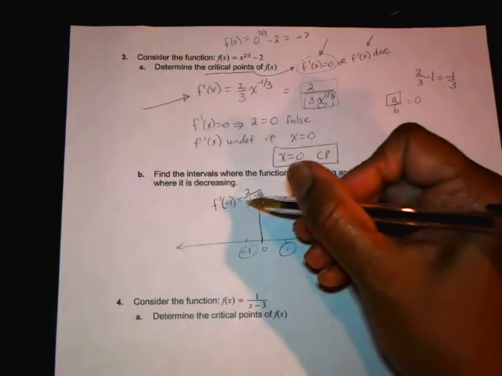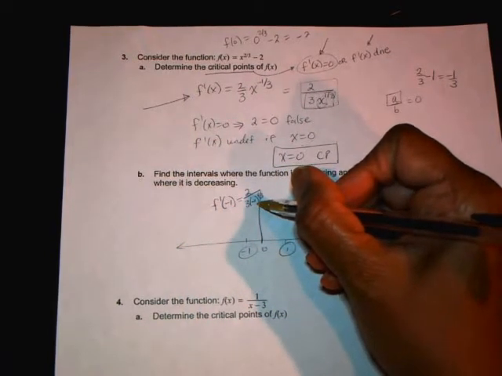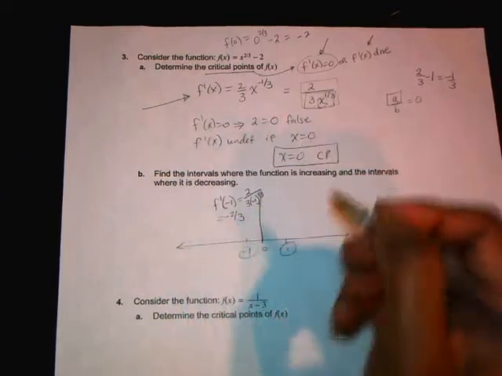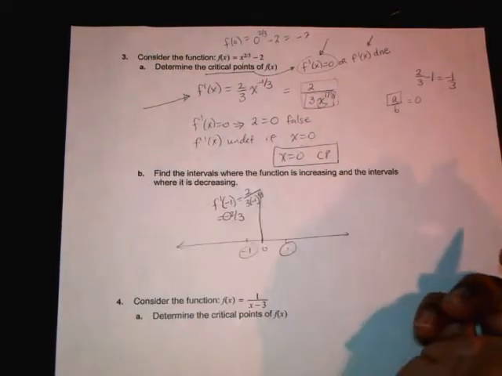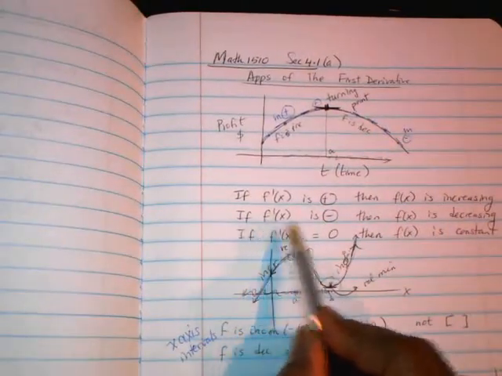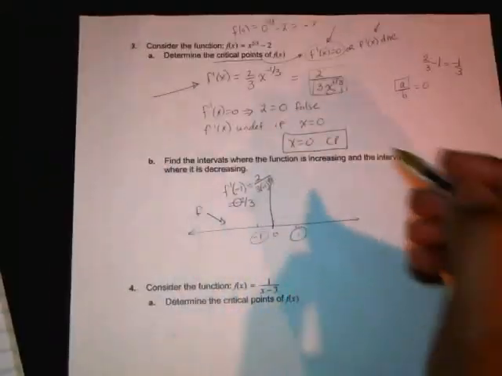Now the cube root of negative 1 is negative 1. So it's 2/3 times a negative 1, you get negative 2/3. If f prime is negative, what is f doing? Again, check the notes. If f prime is negative, the function is decreasing, so f is going down.